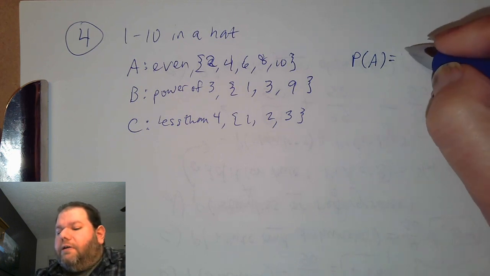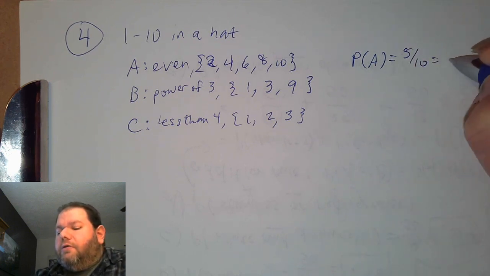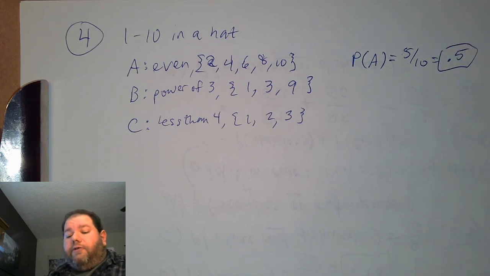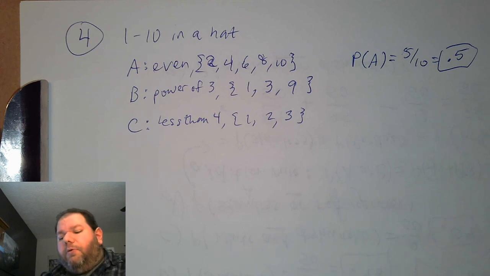Five out of 10. And again, make sure you enter your answers as decimals. That's how the computer's going to be set up to recognize those for the purpose of grading. So we know it's 5 out of 10, but we'll go ahead and divide that and make it a 0.5.